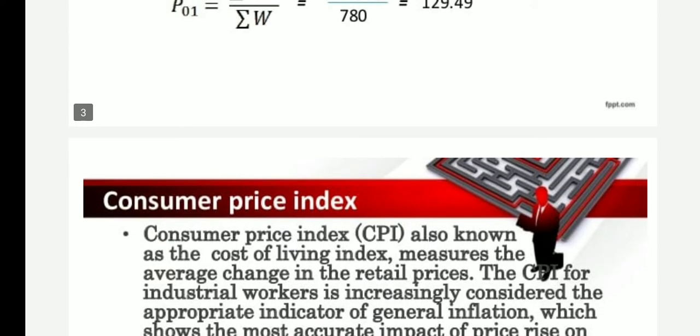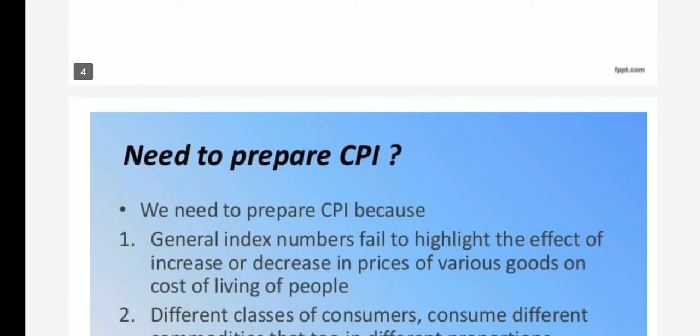Now, before that, what is the need of this consumer price index? The need of constructing consumer price indices arises because, in general, the index numbers fail to give an exact idea of the effect of change in the general price level on the cost of living of different classes of people in different manners.